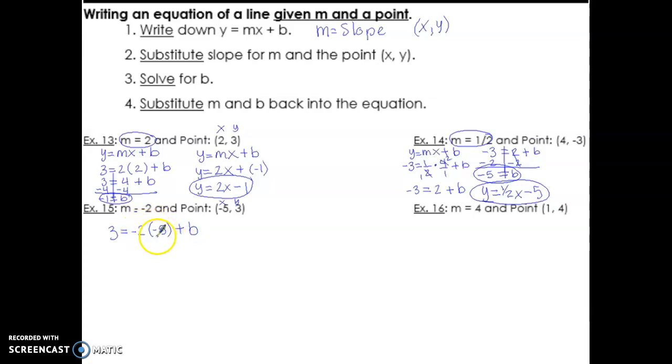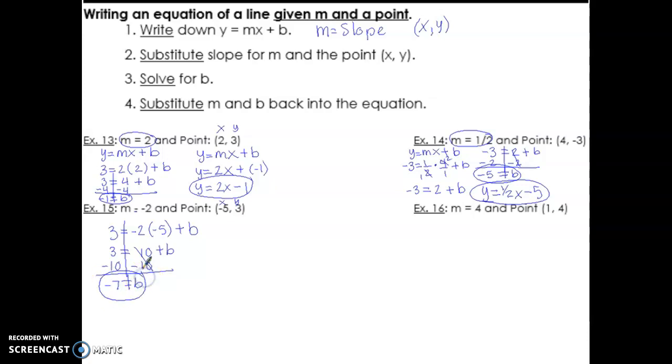Go ahead and multiply -2 times -5. That gives us a +10, plus b is equal to 3. Subtract 10 from both sides to get the b by itself. This turns into a 0, and we're left with b is equal to -7.